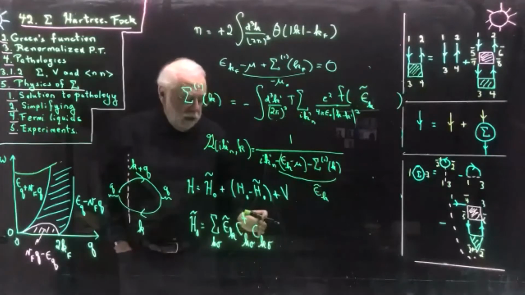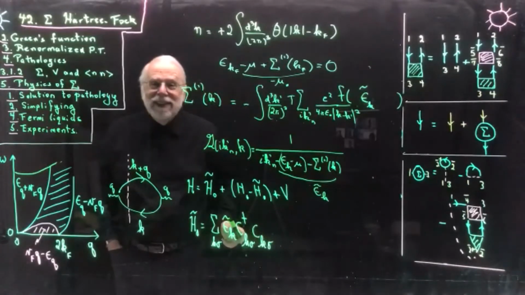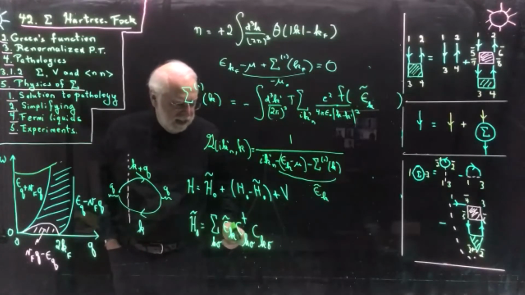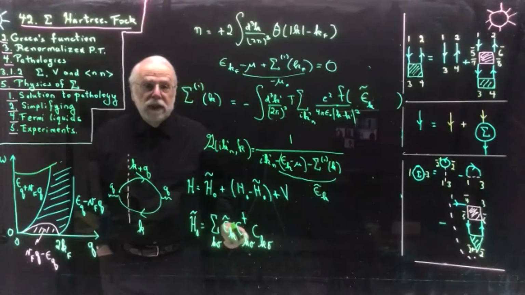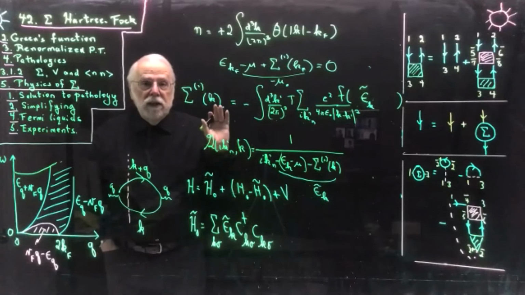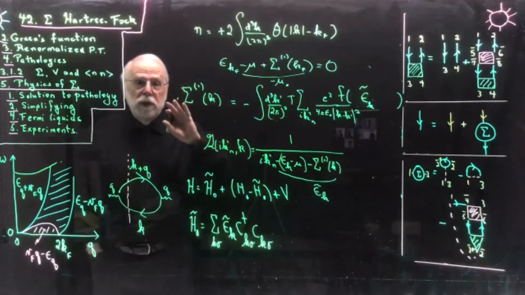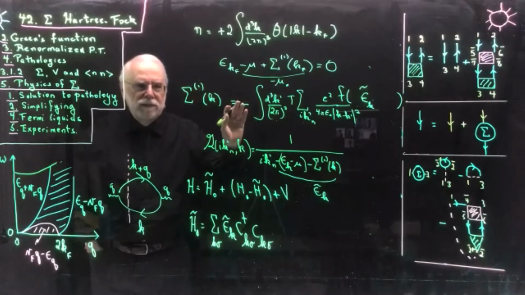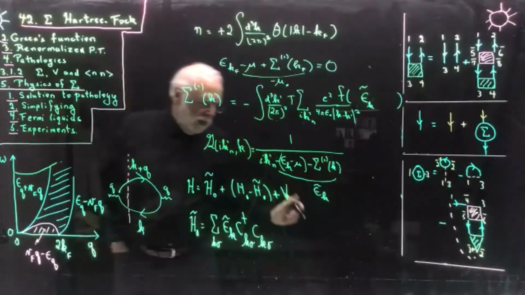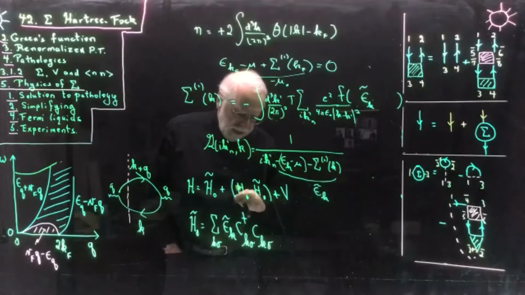Okay, then the question arises, well, how do you determine this epsilon tilde of k? Well, this epsilon tilde of k you determine in such a way that the self energy is 0 at the Hartree Fock level. Okay, because now what will be the self energy at the Hartree Fock level?